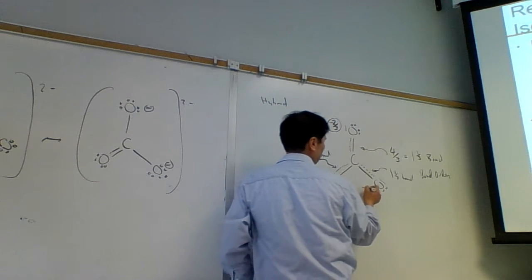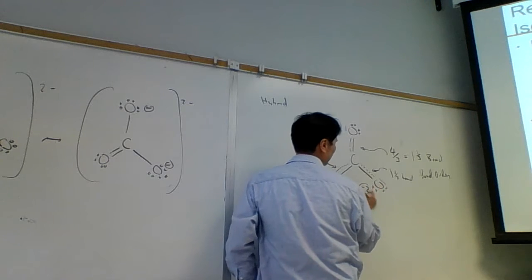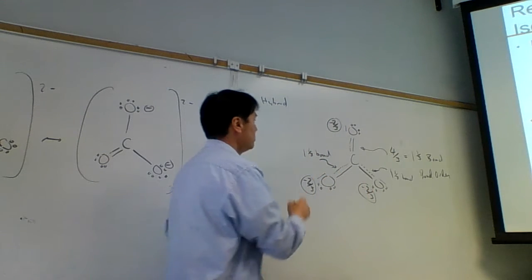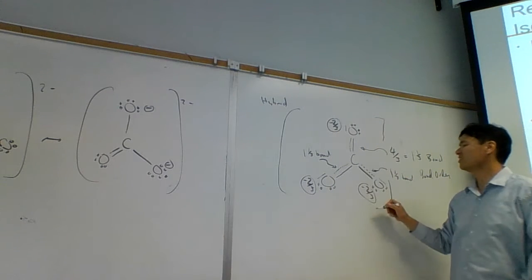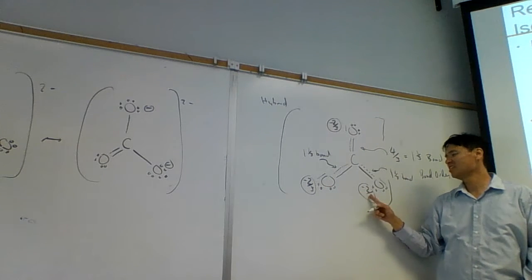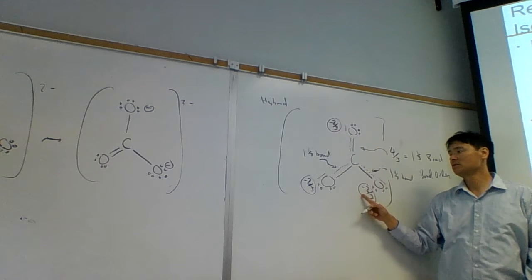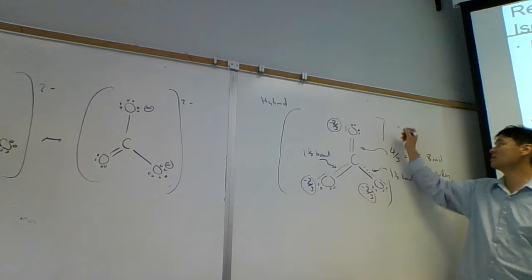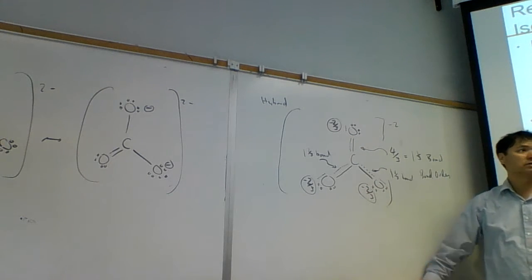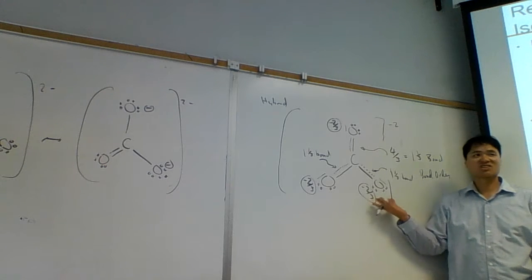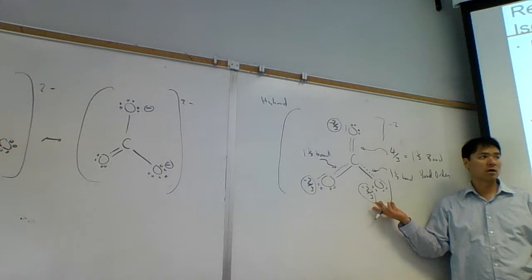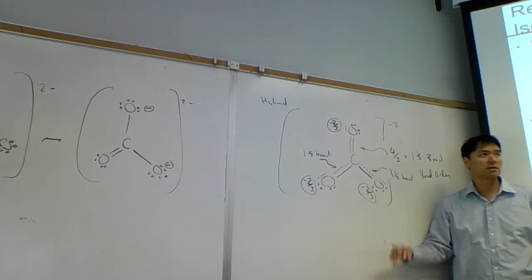And if I sum up the formal charges, I have 3 at -2/3, so that's 3 times -2/3, which gives us -2. That would be the net charge there. And so this would be the hybrid structure for carbonate. That's how we draw it.